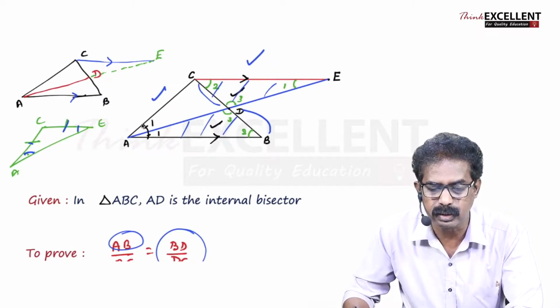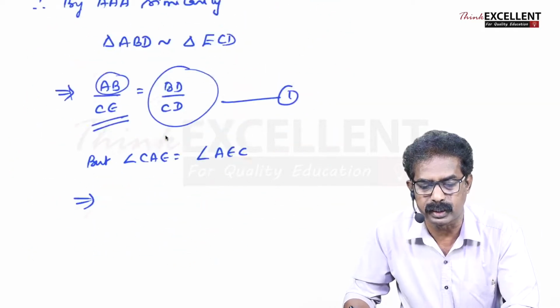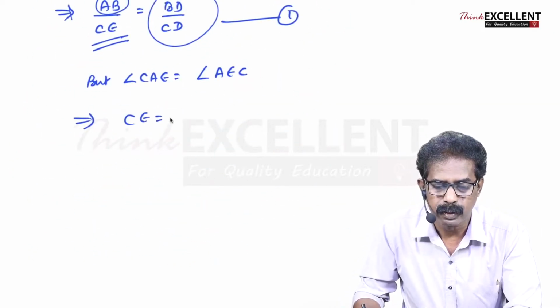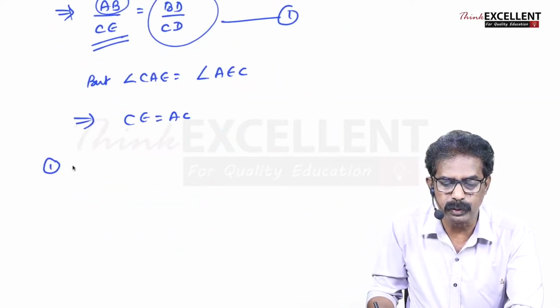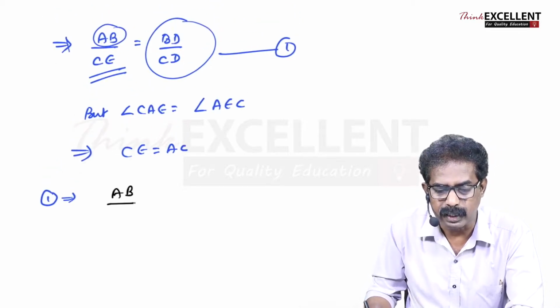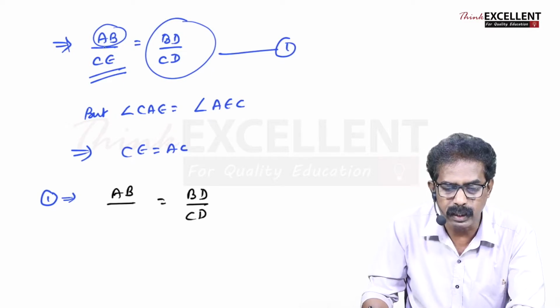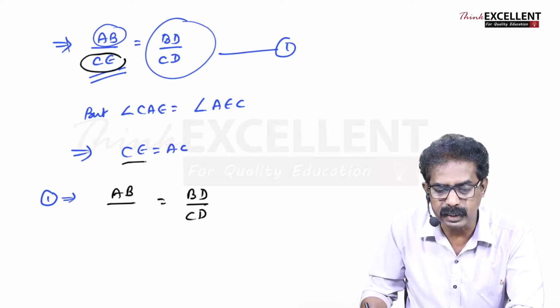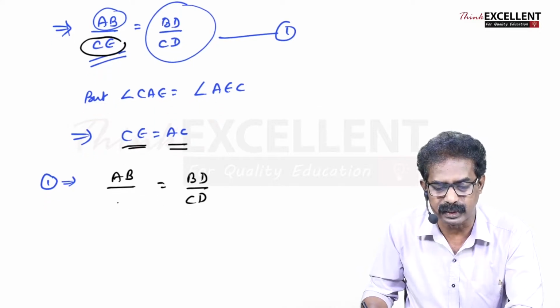CE equal to AC, these two sides are equal. That value you substitute in the first equation. So the numerator has no change, AB. The denominator also has no change, BD by CD. But only CE can be replaced by AC. So hence proved.